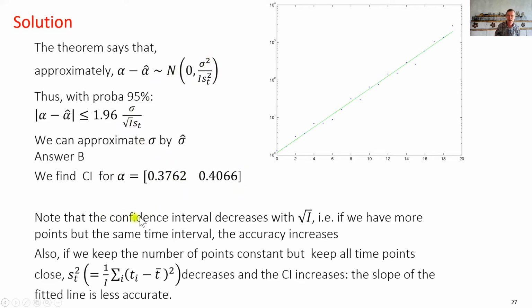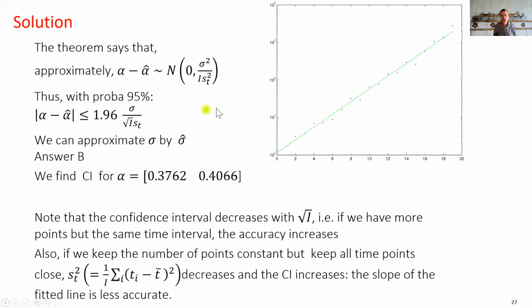In passing, you see that the confidence interval decreases with the square root of I, which is, as expected, the case for many models that assume Gaussian dependency. But there are other interesting aspects. First, you see that we have closed form for everything when we fit a straight line.